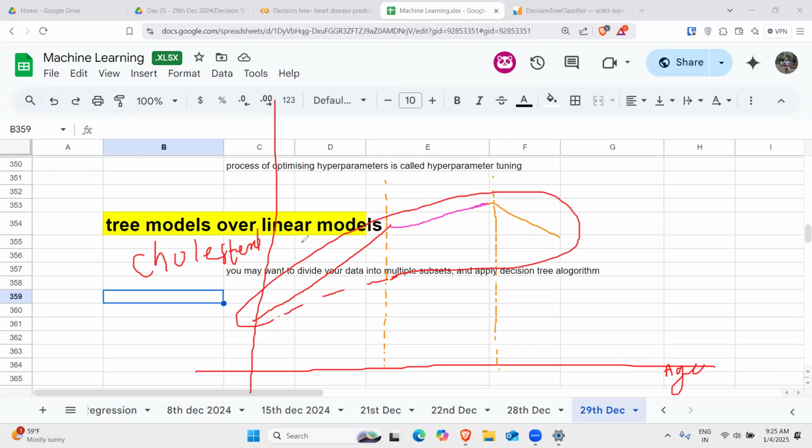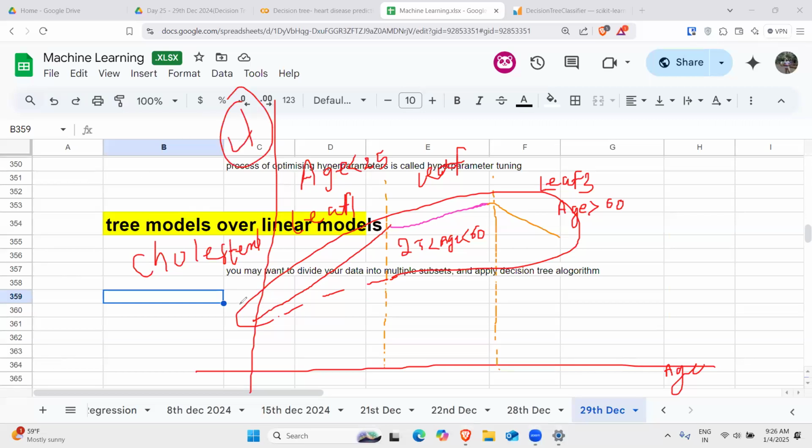So instead, you apply a decision tree and divide your data into three subsets, where leaf one will be age less than 25, leaf two will be between 25 and 60, and leaf three will be age greater than 60. If you have data like this, you can easily implement tree models over linear models. So this is benefit number one.